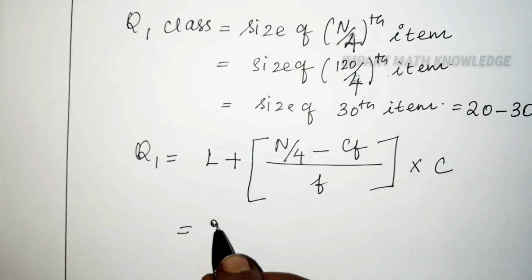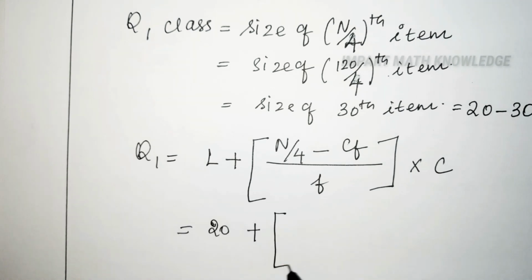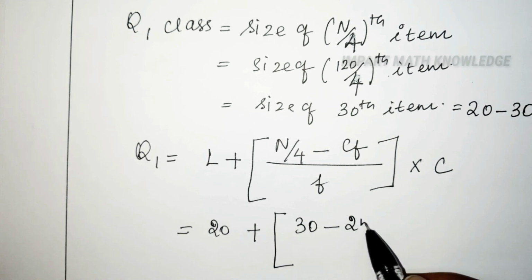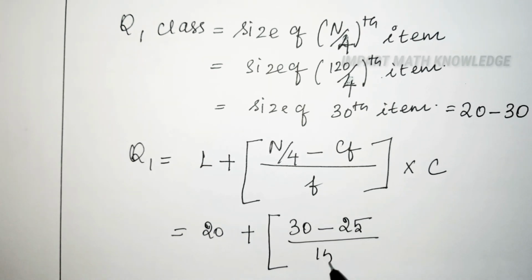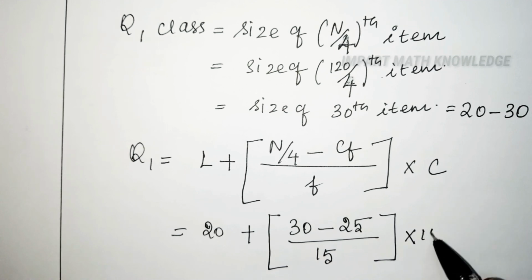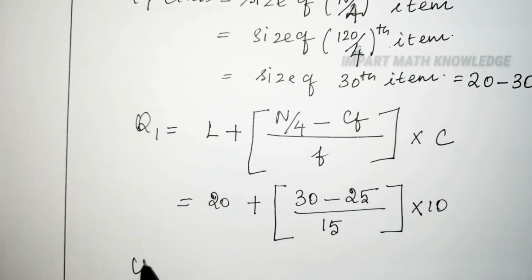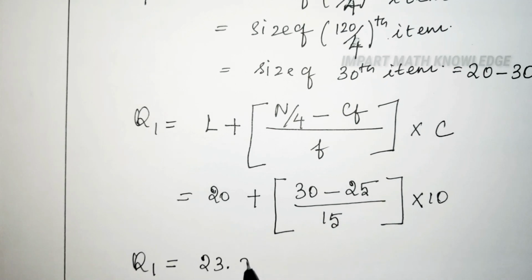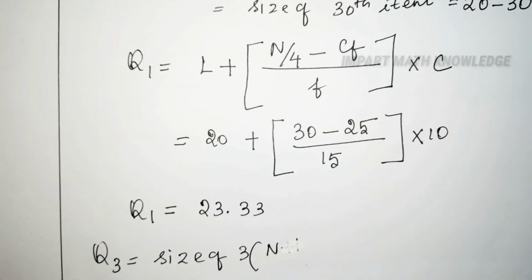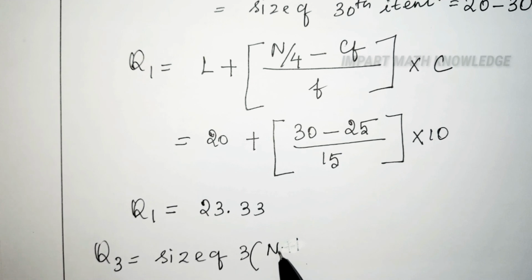L value is 20 plus N by 4 is 30 minus cumulative frequency 25, and the frequency is 15. Length of the class interval is 10. So Q1 is equal to 23.33.